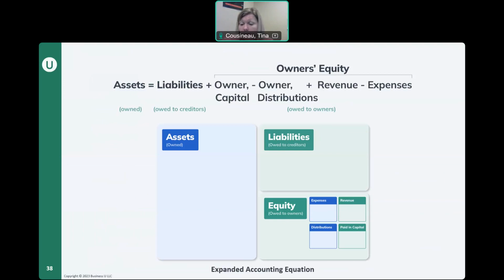So if I am going to get revenue, it's going to have a credit balance. If I increase capital, it's going to have a credit balance. If I have an expense, it's going to have a debit balance because it's ultimately going to reduce my equity. And if I have a distribution, meaning the owner took money out of the business, it's going to decrease your equity. Okay.